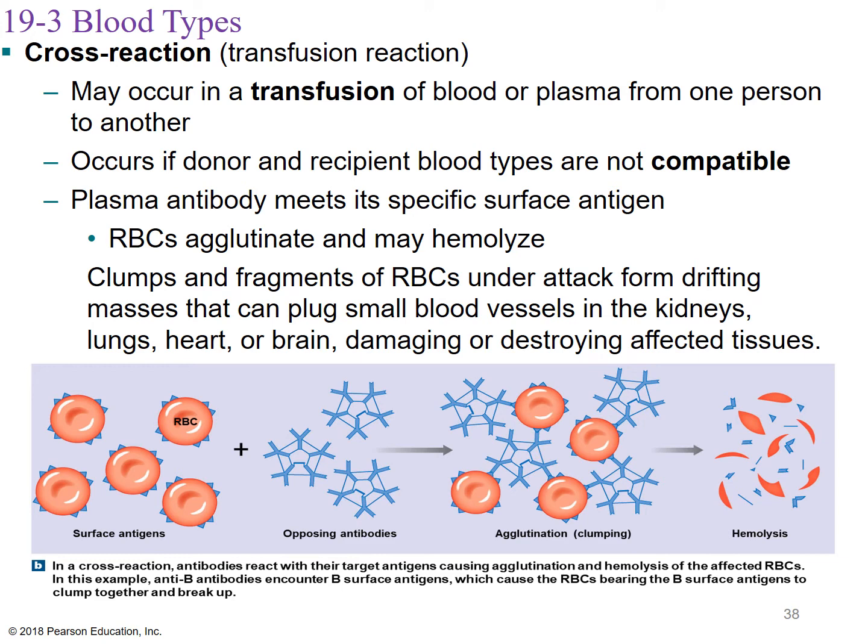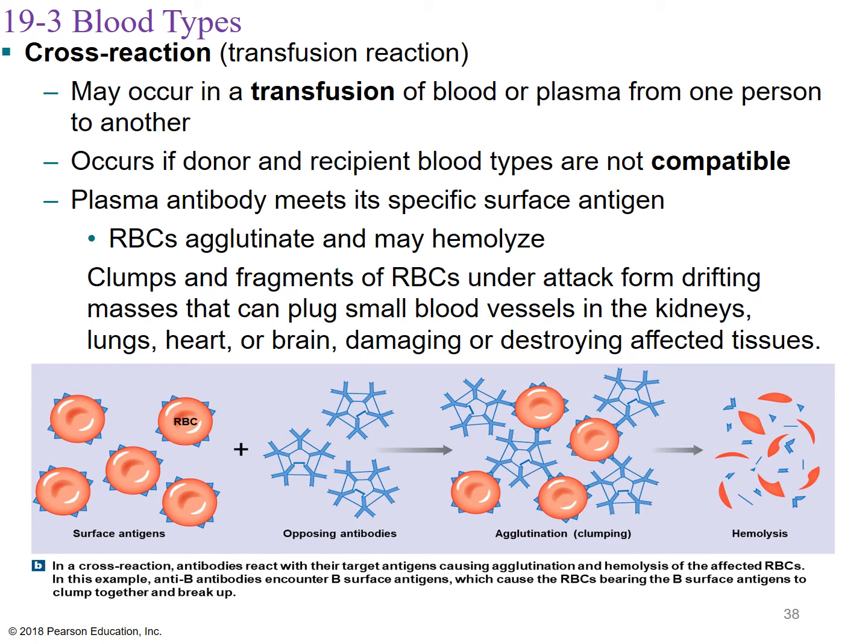In our little picture example, you can see here we've got the little blue triangles. So that means that this is a person who has type B blood. However, what you can see here is that in this reaction, it has come across anti-B antibodies.